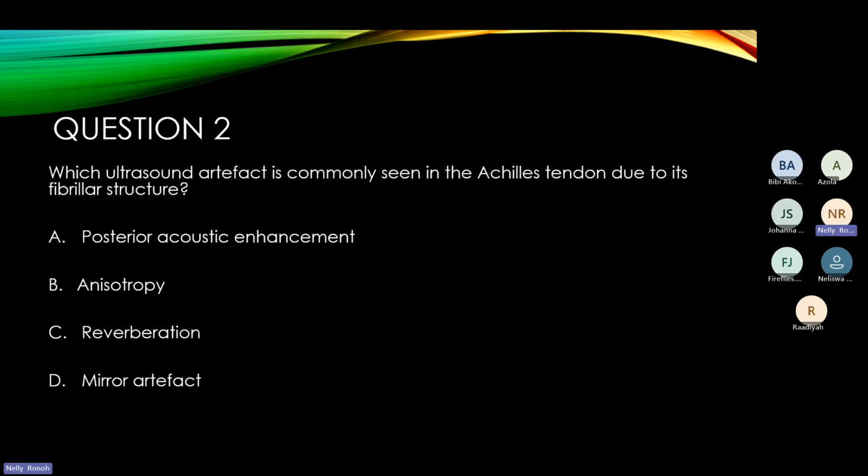So to question 2, which ultrasound artifact is commonly seen on the Achilles tendon due to its fibrillar structure? Maybe BB can try, or Johanna, or a volunteer then. Maybe Radia, you can try again.